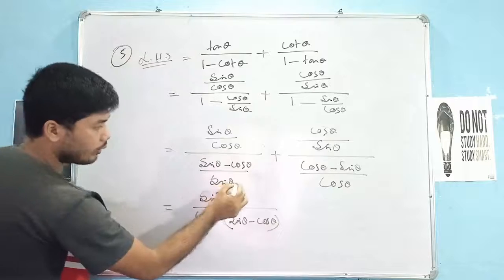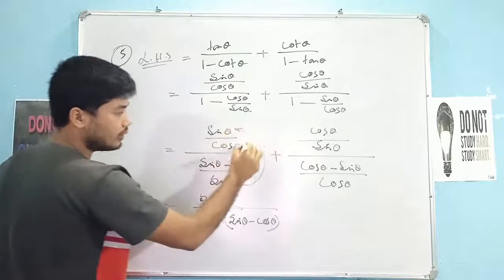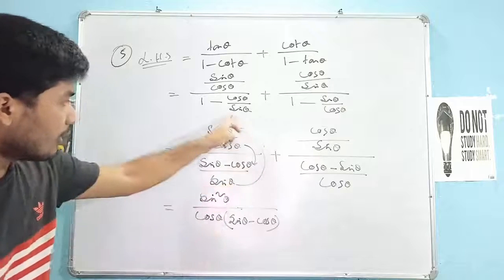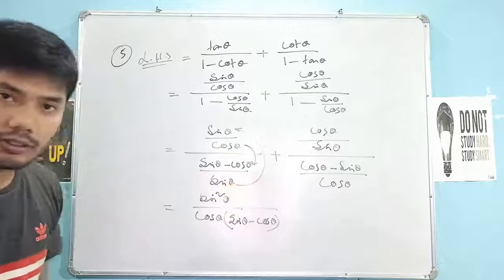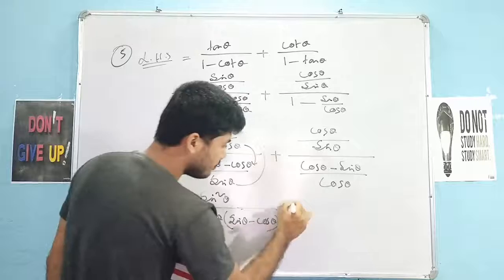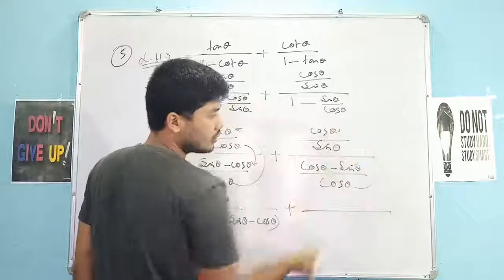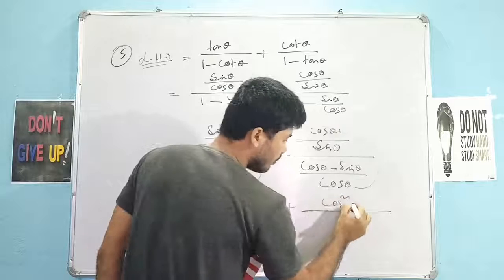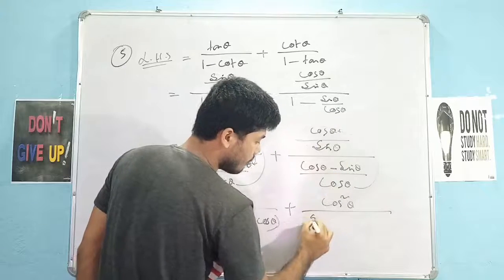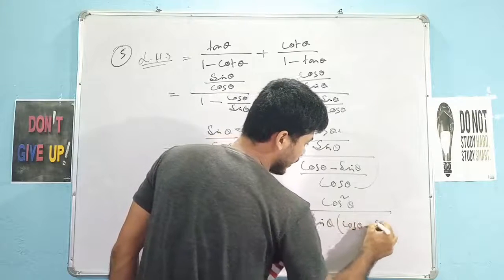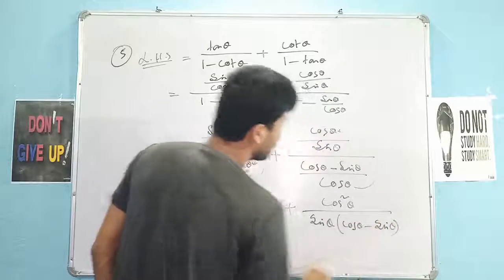Here the upper one multiplies with the upper one and the lower one multiplies with the lower one, right? Okay, now plus, here this is cos theta, cos square, and sin theta into cos theta minus sin theta.